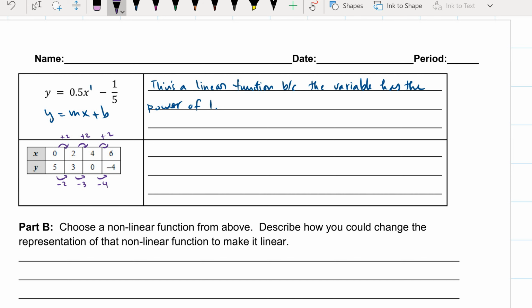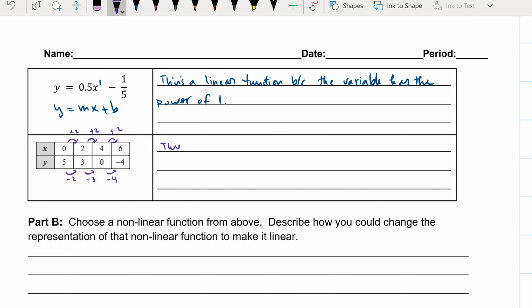They have a pattern, but it's not decreasing consistently, so this is not a linear function, because the y value decreases inconsistently.